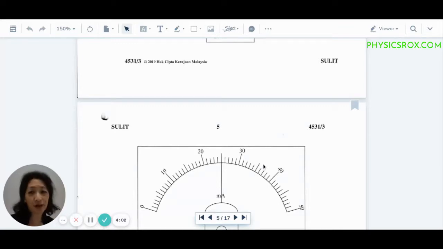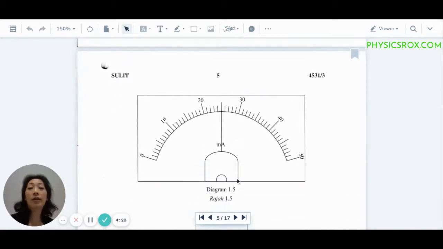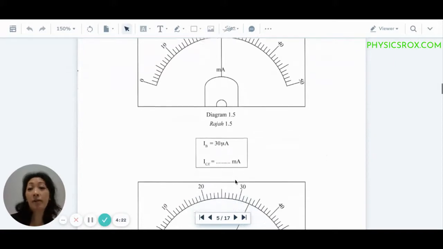I'm very sure that all of you know how to read the measuring instruments, like in this case, the milliammeter. Some past years you might get a ruler, some you might get stopwatches, some you might get voltmeters. I'm sure all of you know how to take a reading from here accurately. I'm going to be focusing on what you need to do in order to get the marks that you need.